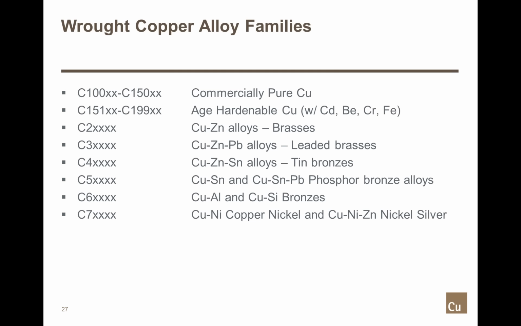If we go to C4 and 4 numbers, the 400 series, these are generally copper, zinc, tin alloys, or tin bronzes, or some tin brasses they're called at various times. The C5, 500 series, if you will, are copper tin alloys, or copper tin lead alloys, leaded phosphor bronzes.